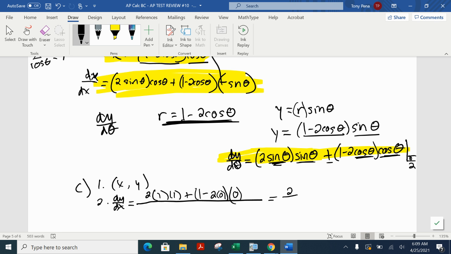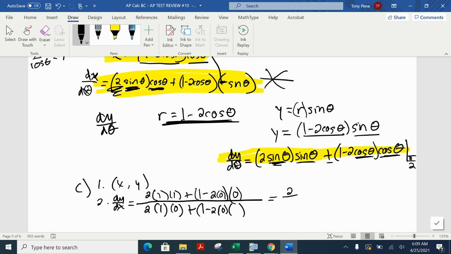Your denominator should be dx d theta. Like I said, that's this up here. So I'm going to have this 2. The y coordinate at pi over 2 is a 1. The x coordinate at pi over 2 is 0. And then plus 1 minus 2 times the x coordinate, which is 0.